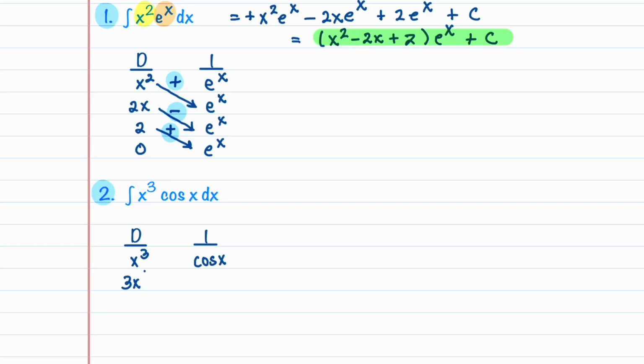We have 3x squared, and then 6x, and then 6, and then 0. And on the right, we're going to integrate. The integral of cosine is sine x. The integral of sine x is minus cosine x. The integral of minus cosine x is minus sine x. And then the integral of minus sine x is positive cosine x.